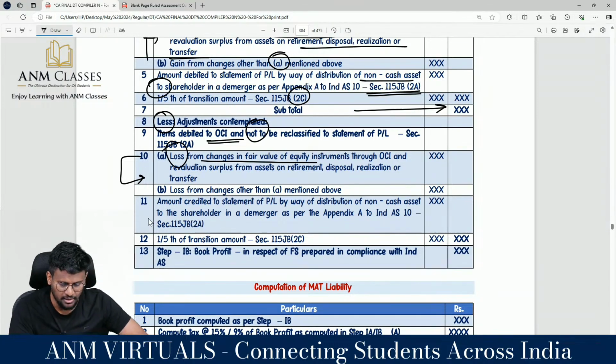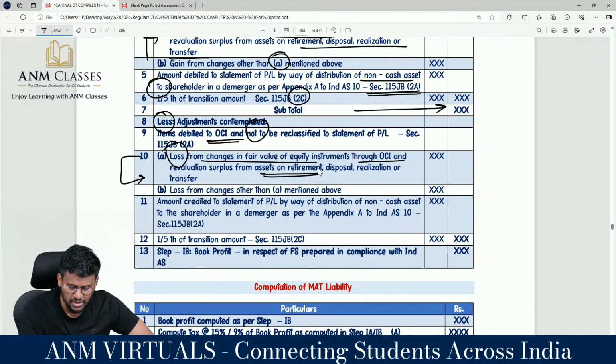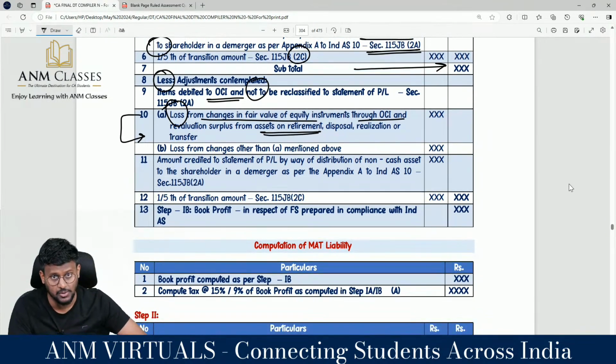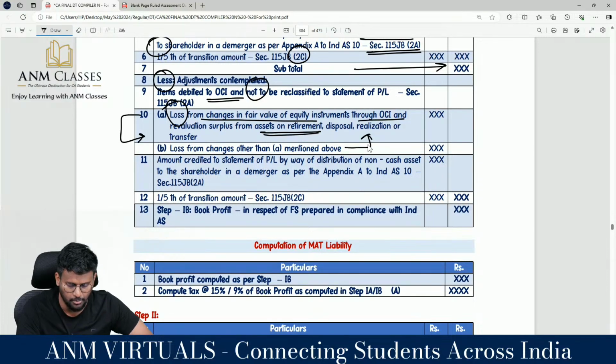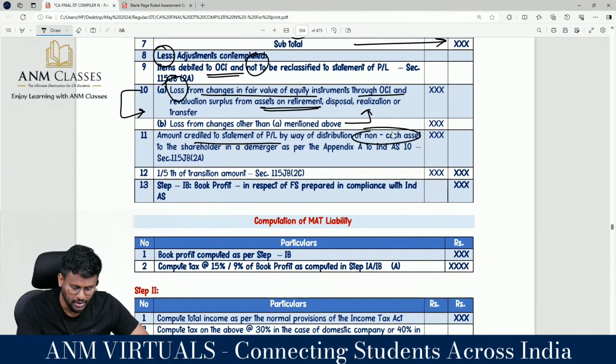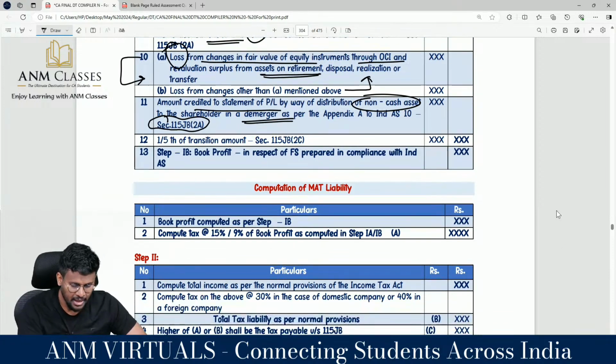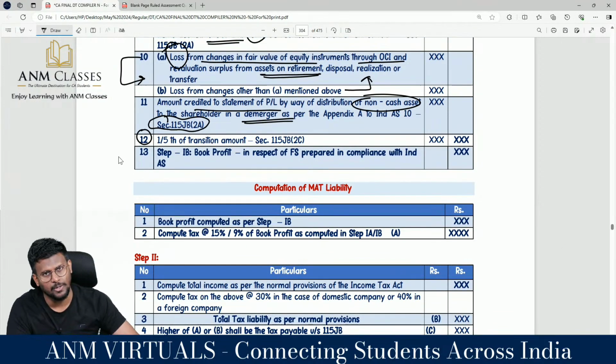Loss from changes in fair value of equity instrument through OCI and revaluation surplus from asset on retirement, disposal, realization or transfer, and loss from changes other than mentioned above. And amount credited to the statement of P&L by way of distribution of non-cash asset to the shareholder in a demerger as per Appendix A to Ind AS 10, 115JB subsection 2A, and 1/5 of transition amount.